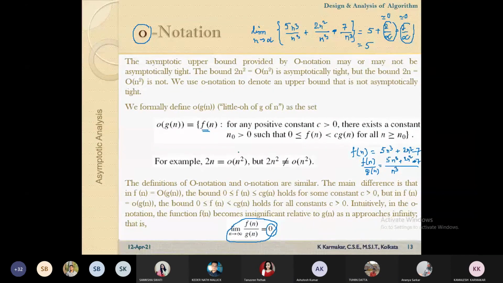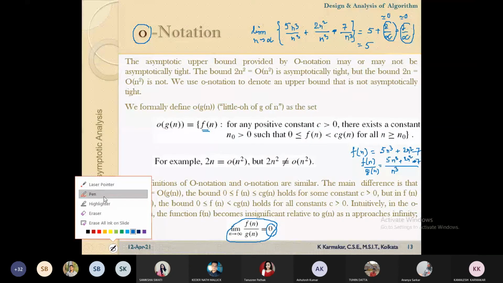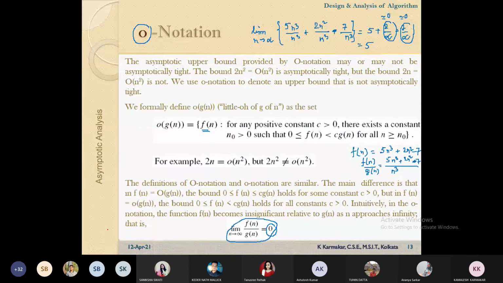Instead of n cube, I should consider some larger value here. So I will not choose n cube. Instead, if I put n to the power 4, g(n) equals n to the power 4, so it will be divided by n to the power 4. In that case, what will be the calculation? For the first part, 5 divided by n, where n tends to infinity.